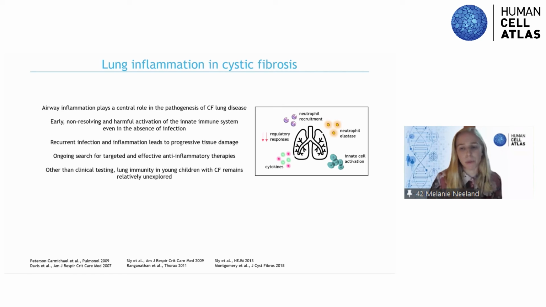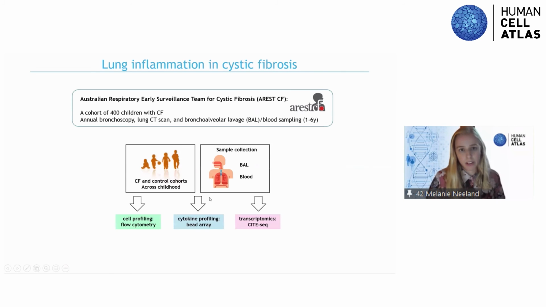However, other than what is performed on clinical testing, the immune responses in the lungs of young children with CF remain relatively unexplored. So to do this, we utilise a cohort established at MCRI and the Royal Children's Hospital in Melbourne, known as the ARREST CF cohort. And this consists of 400 children with CF.